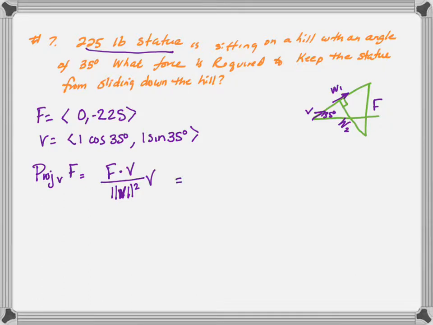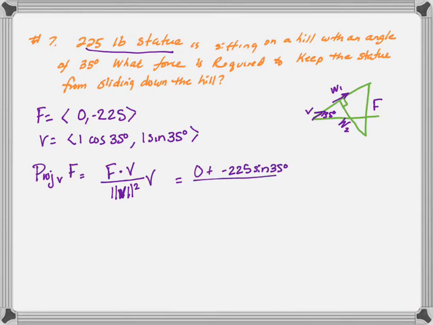So the dot product would be 0 plus -225 times sine of 35 degrees. That's so messy. Let me rewrite it. -225 times sine of 35 degrees.